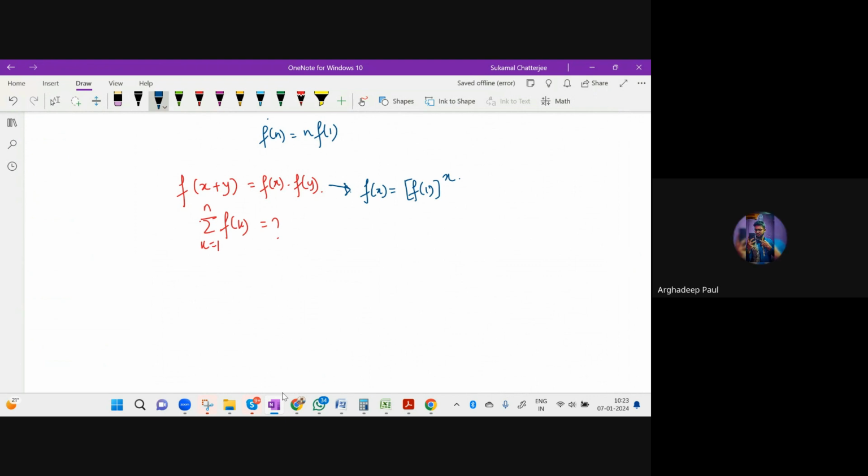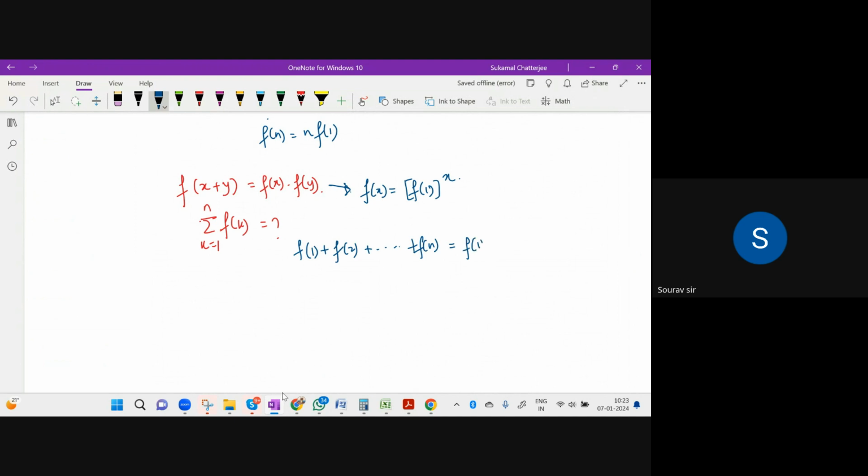Sir, then we need to use the simple GP formula. Yes, absolutely. This is simple GP actually. You can see the power is in terms of x. So if you write it in terms of k, this is f of 1 plus f of 2 up to f of n. This is what they have asked, right?